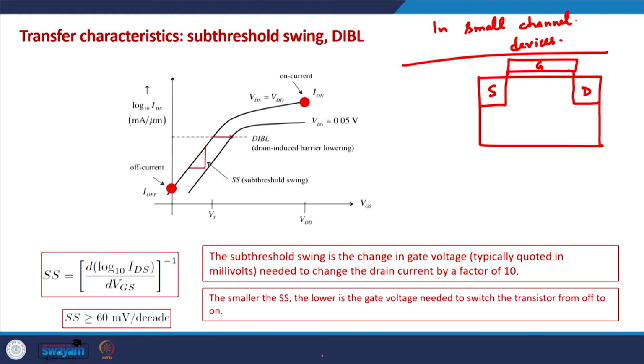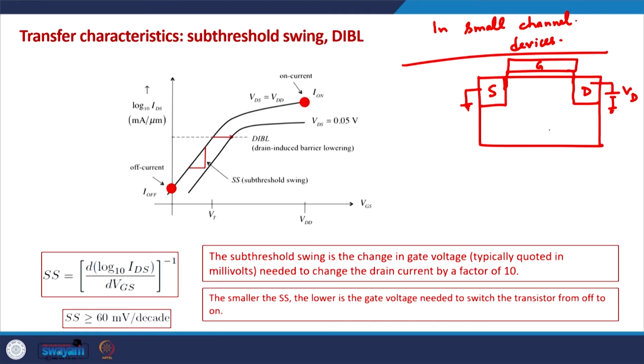In long channel MOSFETs, when the channel length was in micrometers, if we apply a voltage on the drain terminal, and the source voltage is, let us say, 0, since the source is in most cases grounded, the voltage at the source side is always 0, the voltage at the drain side is Vd, the maximum, and in between in the channel there is an electric field because of this voltage applied on the drain terminal.